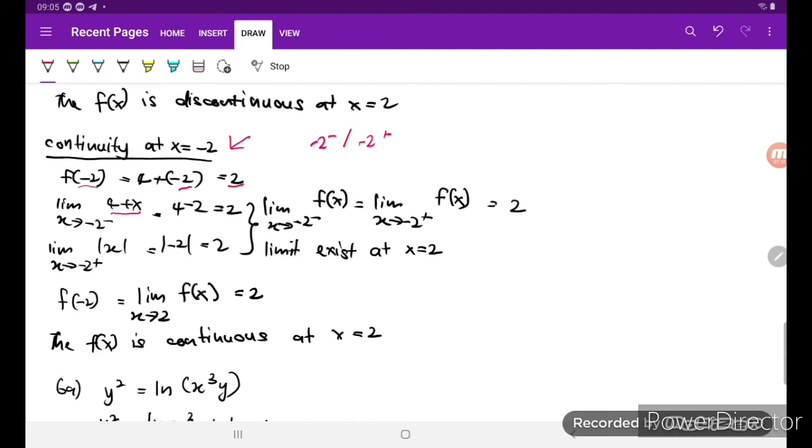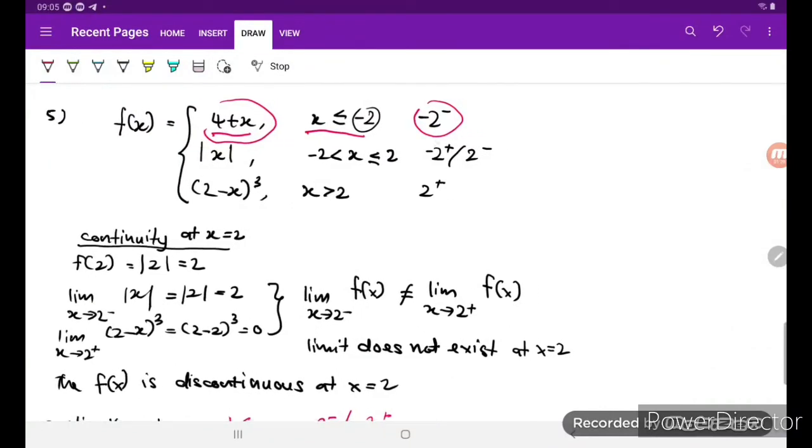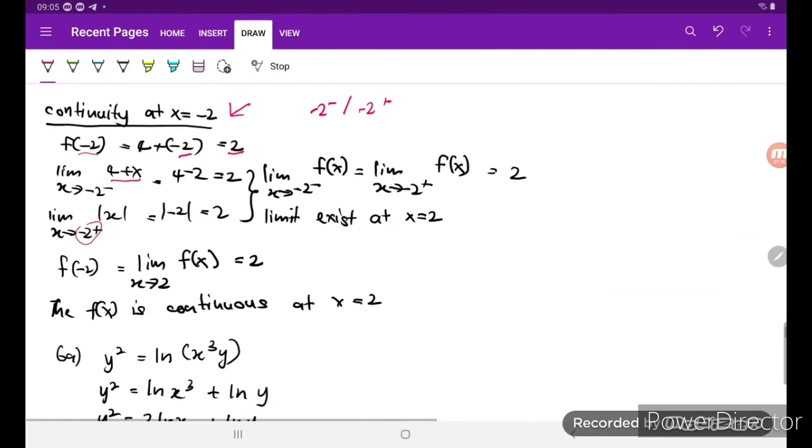And then we calculate 4 plus negative 2, which is 4 minus 2, is 2. Then the other one is when we find the function for the limit as x approaches negative 2 plus. So negative 2 plus is modulus x. So that's why we have modulus x here. So substitute modulus x as modulus negative 2. So modulus of negative 2 will be 2.